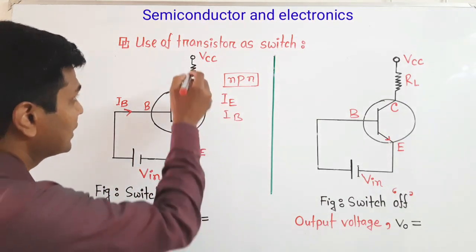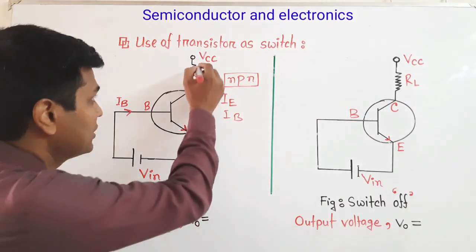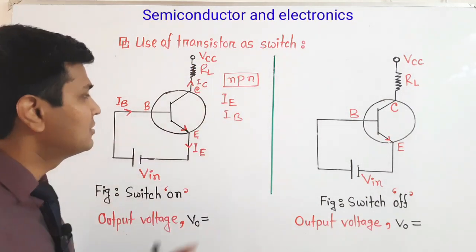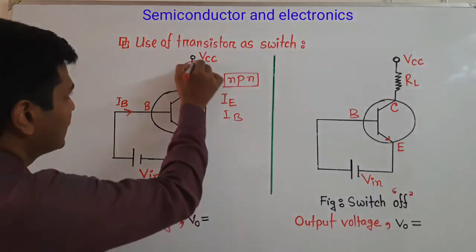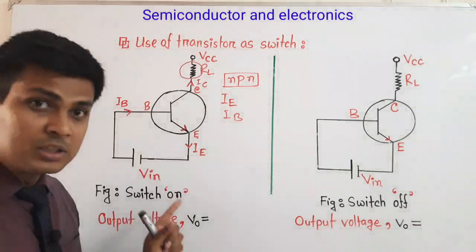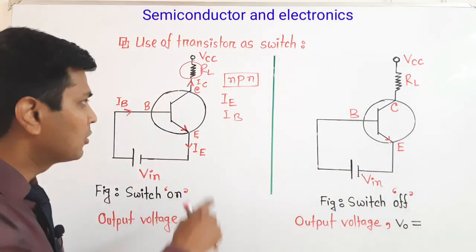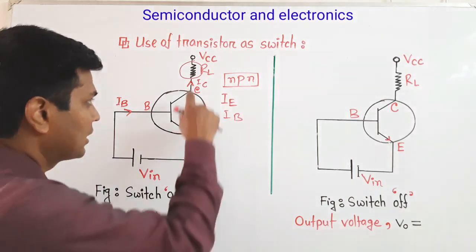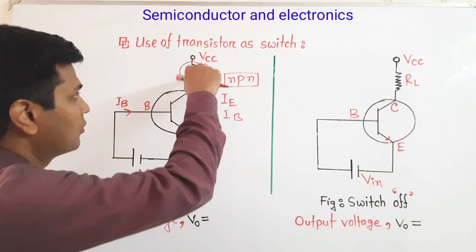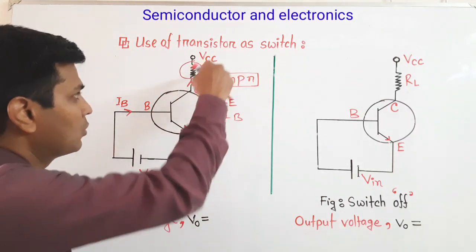Due to this, voltage will drop across this load RL. If we consider this is a bulb, then in case of switch on condition, this bulb will glow because there is no resistance between emitter and the collector. That is why current will flow through this load, the bulb, and the bulb will glow.